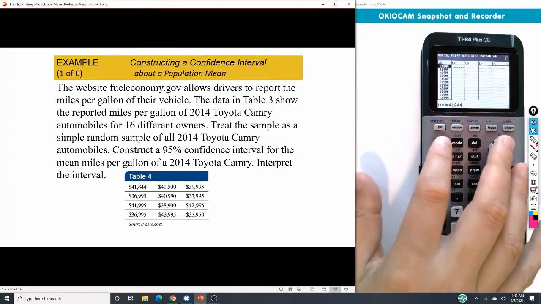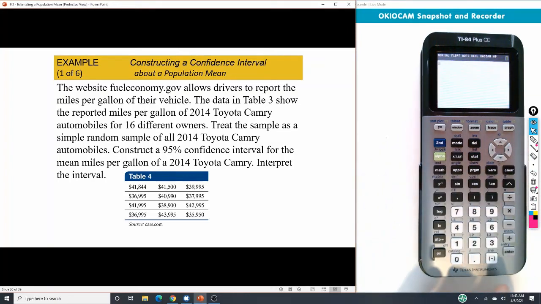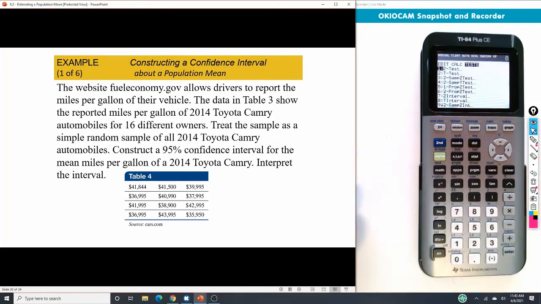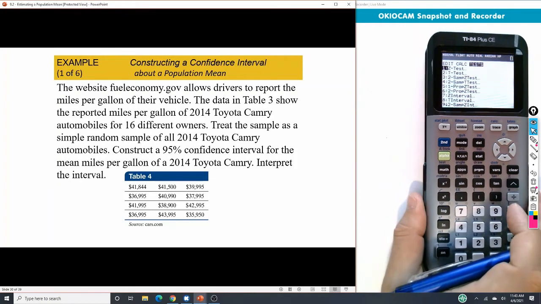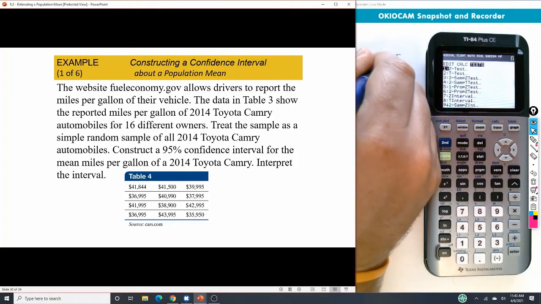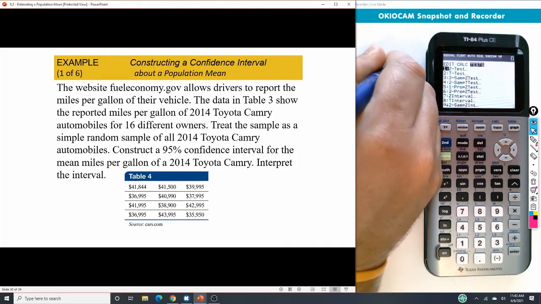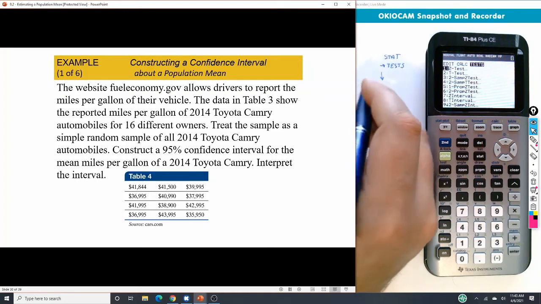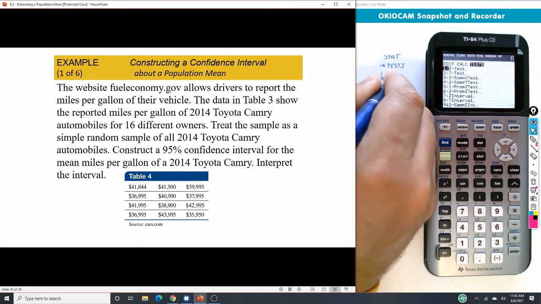All right, so once we've done that, we're going to quit, second mode there to quit. And now we're going to go back into Stat, and we're going to move over to Tests. So this is kind of the new piece to this. Let me try to write this down here. So we go into Stat, and we move over to Tests, okay? And now we want to go down to T interval.